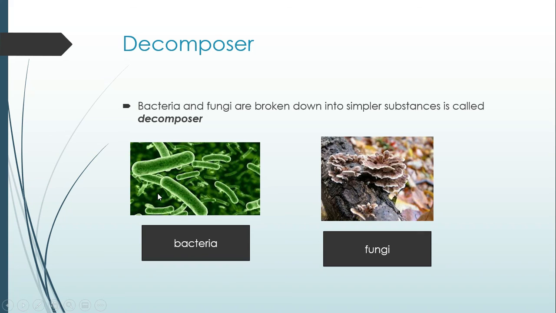As you can see in the picture, this is bacteria and fungi. They will be broken down into simple substances. They are called decomposers. This is the last in the food chain or in the food web.